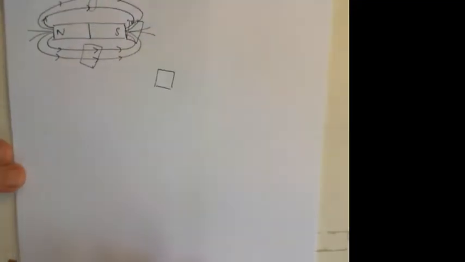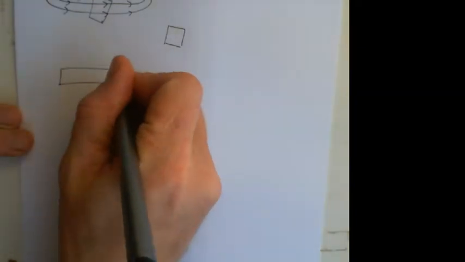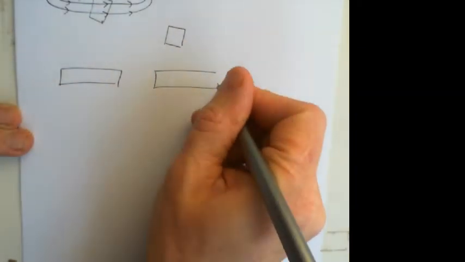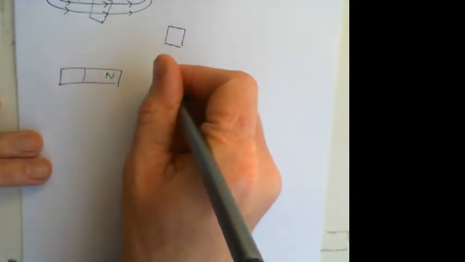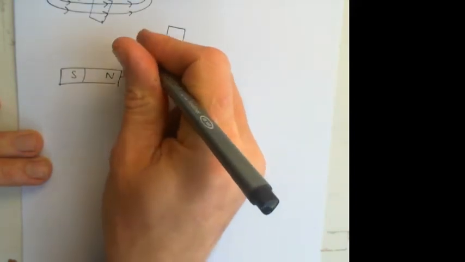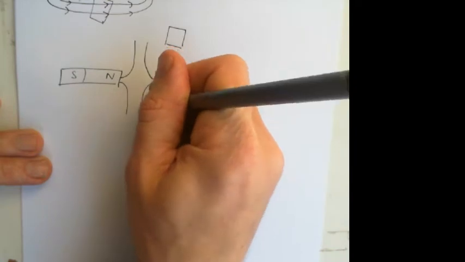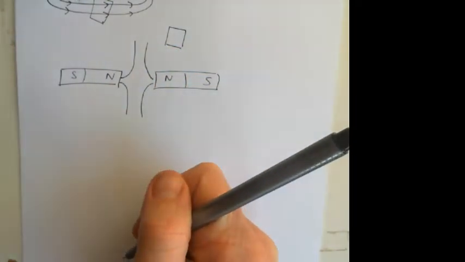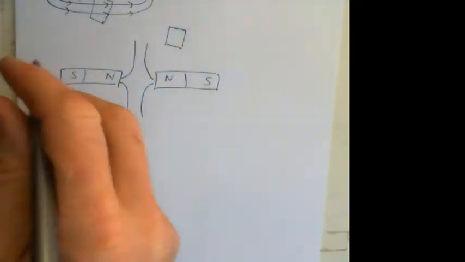Okay. So the next thing you need to know about is how do those magnetic fields interact with each other. Okay, so if you look at, say, for example, if this one has two north poles, what happens is, okay, so you end up with something that looks like that, because it will still go.